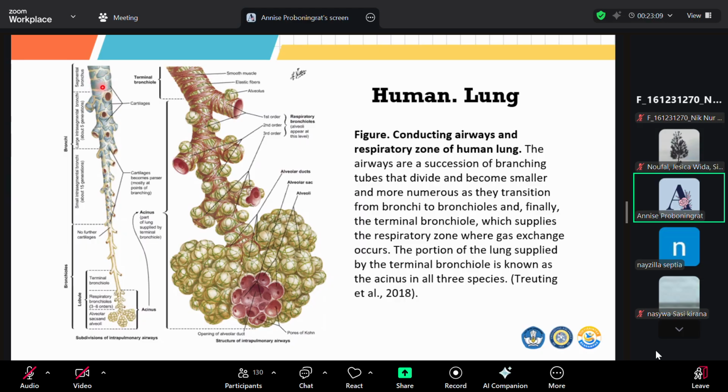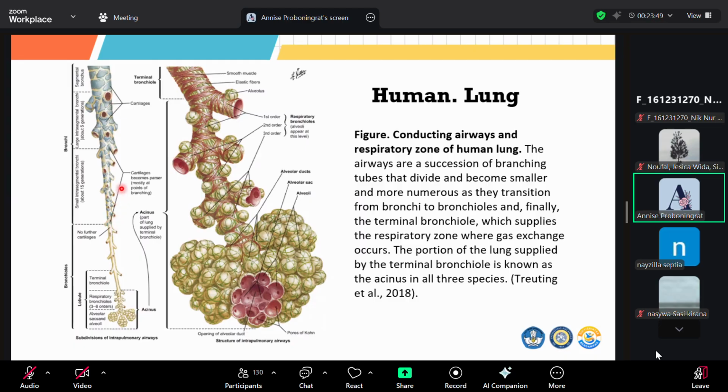Then the large intrasegmental bronchi have branching, and then the small intrasegmental bronchi, and the diameter of this tube becomes smaller from upper to lower part.